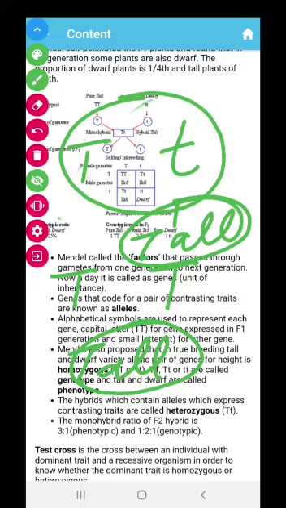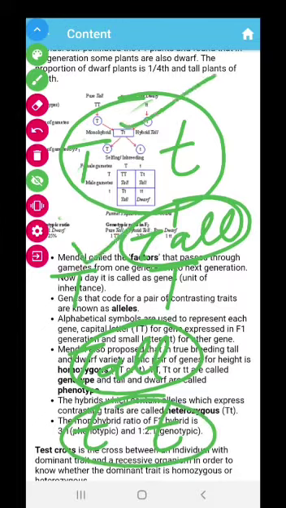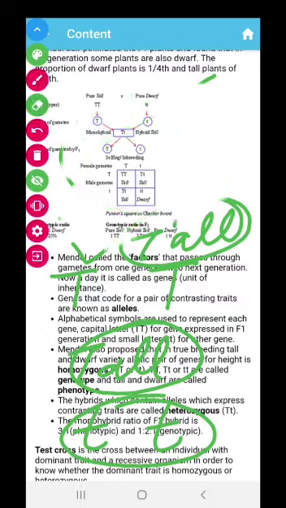And when both the chromosomes have small t, then the character is dwarf. Why this is also tall, this is what we are going to read in this chapter today in Mendel's first law.